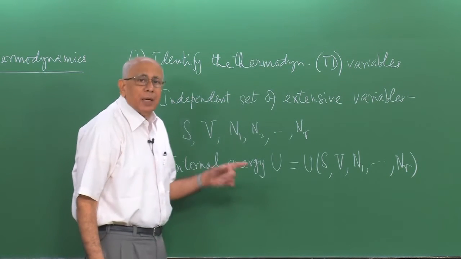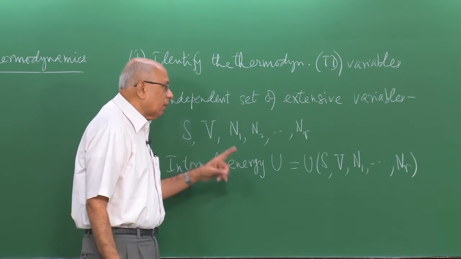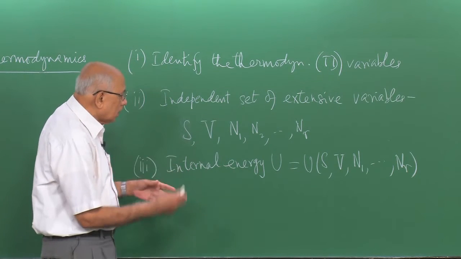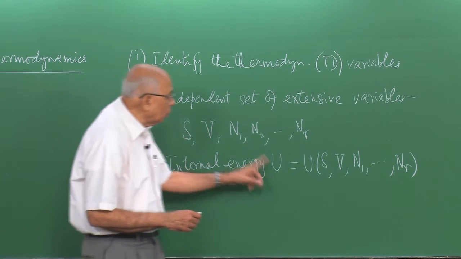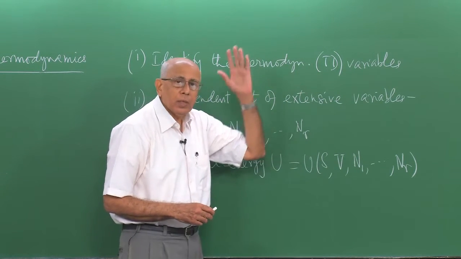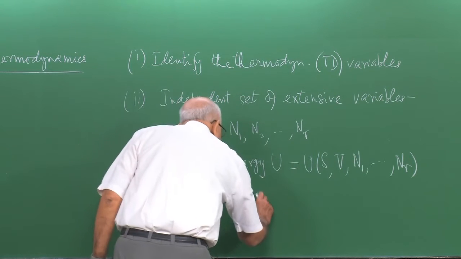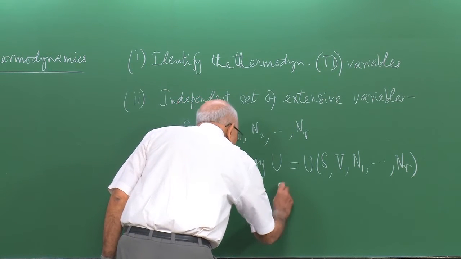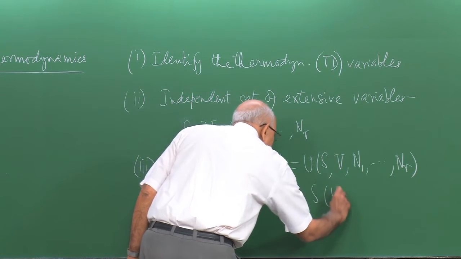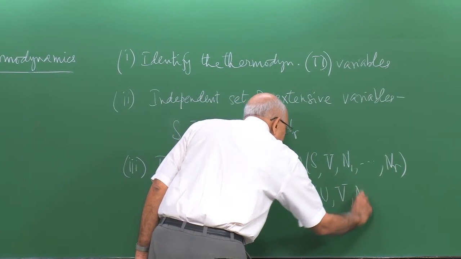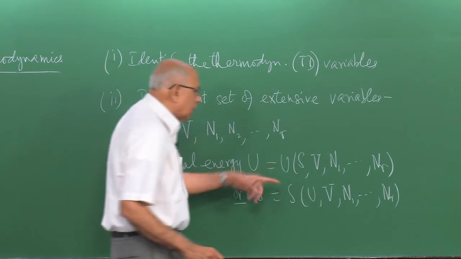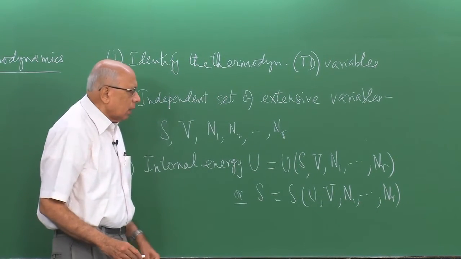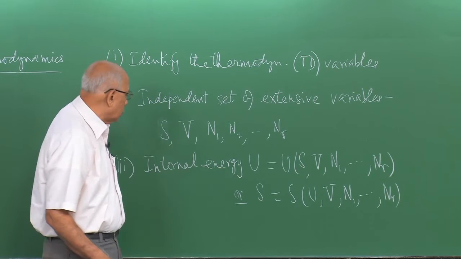This is called the energy representation, but it is possible to have another representation, a so called entropy representation, where you write S as a function of U, V, N1, N2, up to Nr. These are equivalent ways of doing thermodynamics, and whichever is convenient, that is the one we choose.